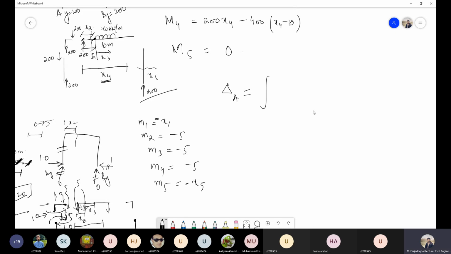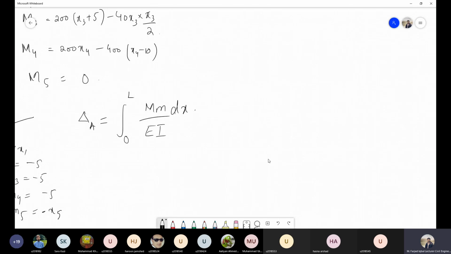Again, we know the equation is integral from 0 to L of m over EI into dx. So the first, we have 5 equations that we need to substitute in this one.